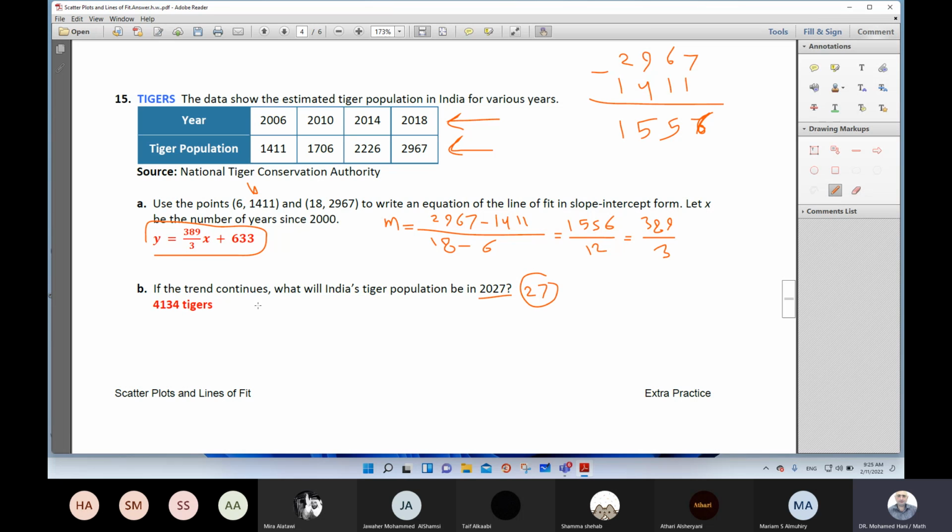So go to the same equation, y equal 389 over 3 multiplied by the value of x will be 27 plus 633. You will get the same answer here, 4134.